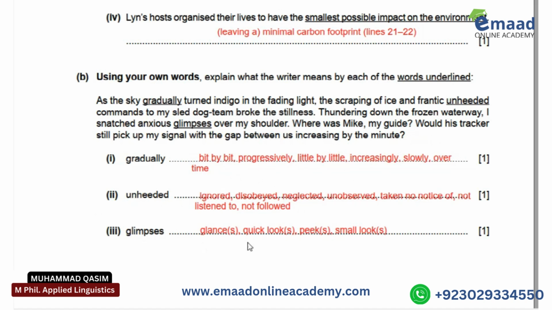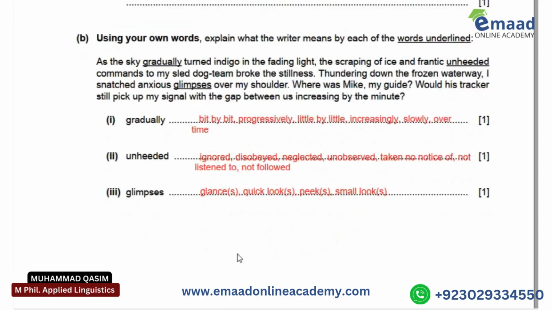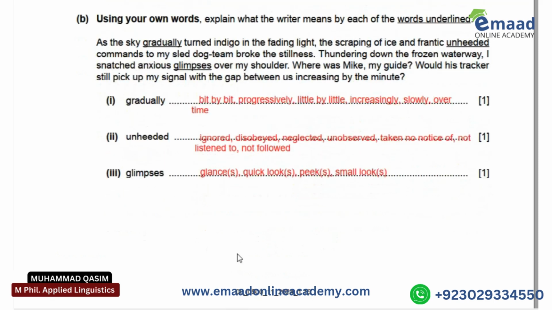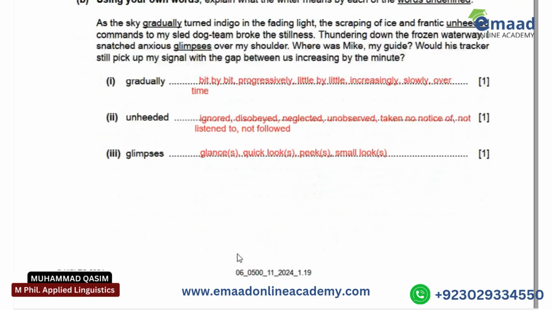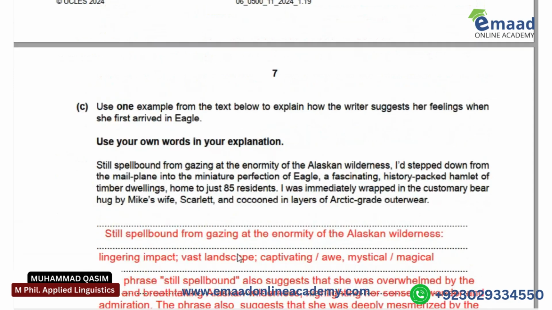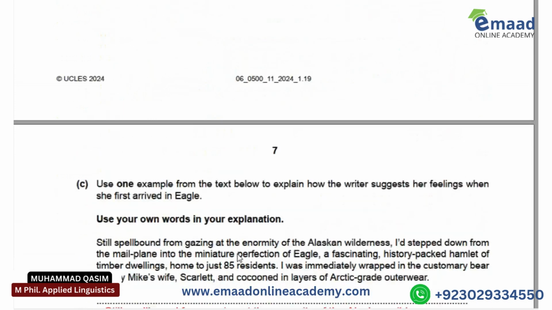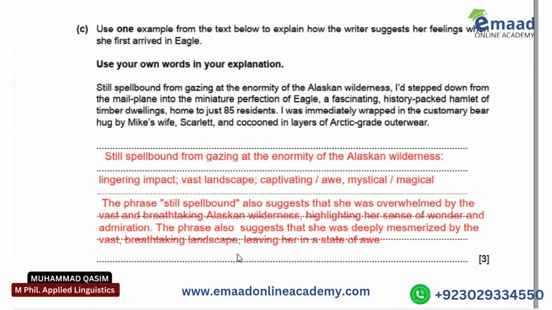"Glimpses": glance, quick look, peek, small looks. You can use any meaning and your 1 mark will be secured. Make sure every single mark is important when you are calculating your grades and struggling to get a star. After these 7 short response questions with 1 mark each, making 7 marks, we have a 3-mark question to finish these 10-mark short response questions.